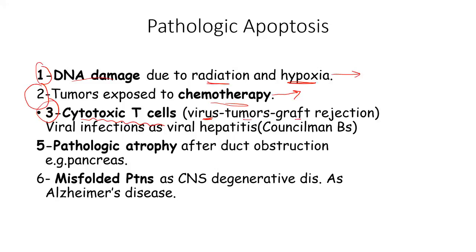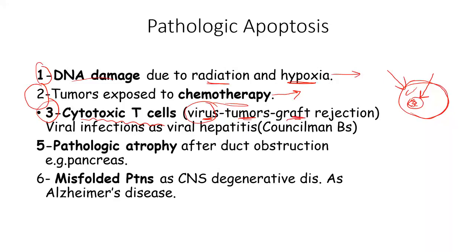So the cytotoxic T cells are the main cells in the immune system against viruses, because viruses always go intracellular, and they incorporate into the DNA of the nucleus, so the virus is always inside the cell. These virally infected cells are attacked by cytotoxic T cells. Tumors, as a part of tumor immunity, tumor cells are attacked by cytotoxic T cells.